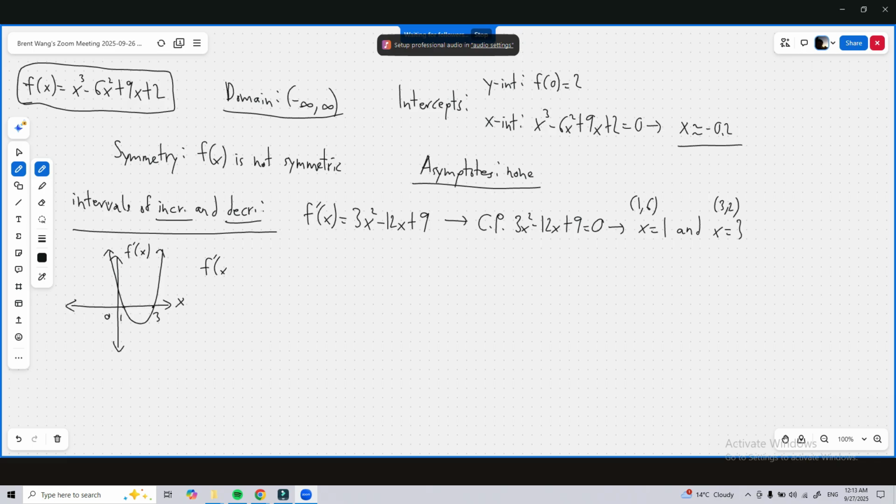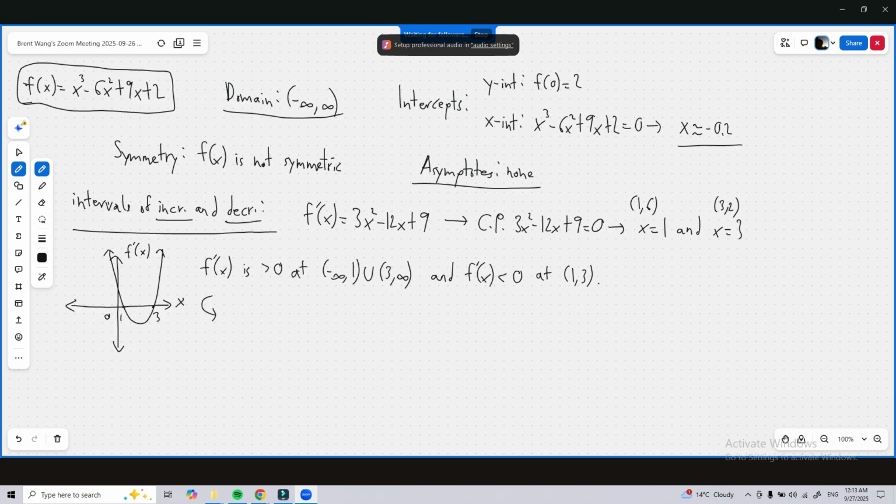F prime x is positive at the intervals negative infinity to 1 union 3 to infinity, and f prime x is less than 0, or negative, from x equals 1 to x equals 3.